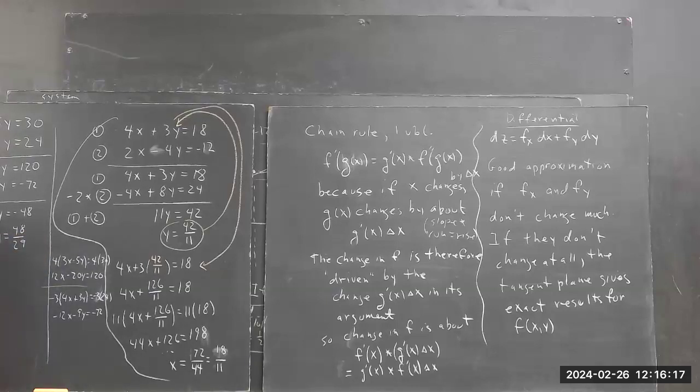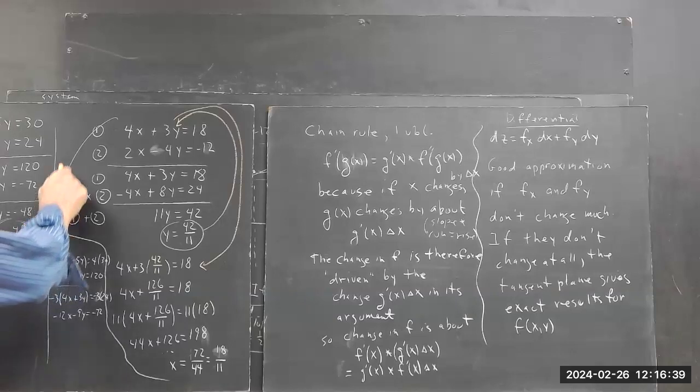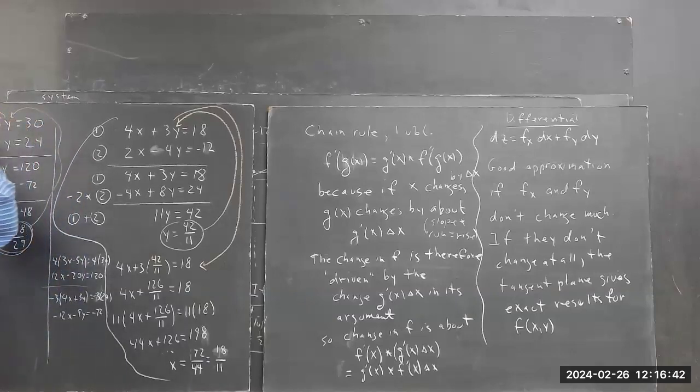29 is a prime number. It has no divisors other than itself and 1. So there's not going to be any common divisor here and here. So we're stuck with this fraction. Plug this fraction back into one of the equations. I'll just go ahead and use the first equation, which gives me 3x minus 5 times y equals 30.